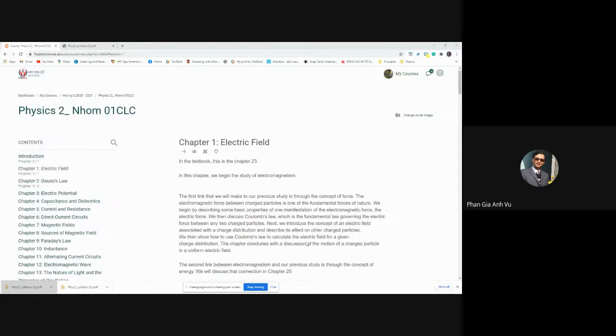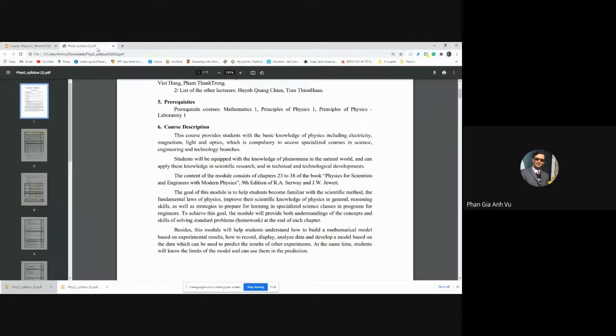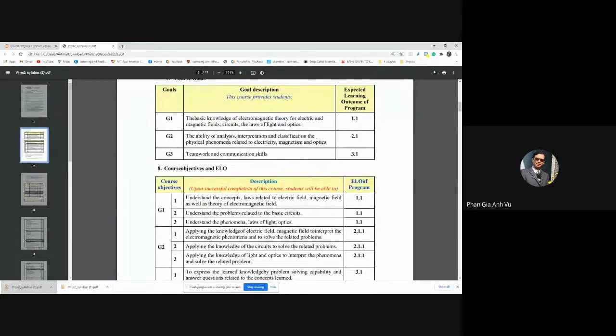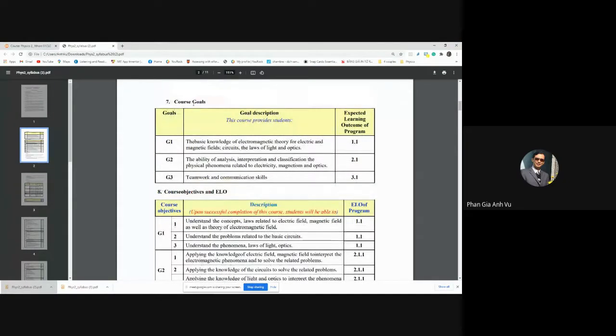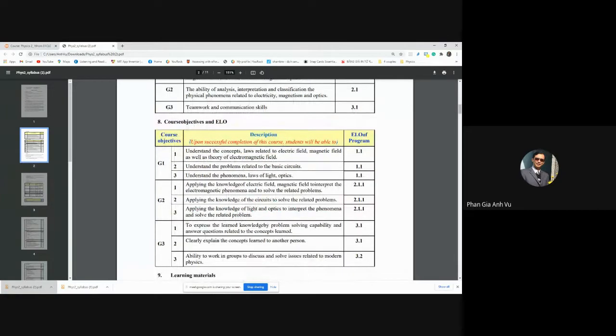And now let's come back to the syllabus. You can see here we have the course goals, G1, G2, and so on. And we have the ELO, the expected learning outcomes. We have here some specific goals, so let's read through that.